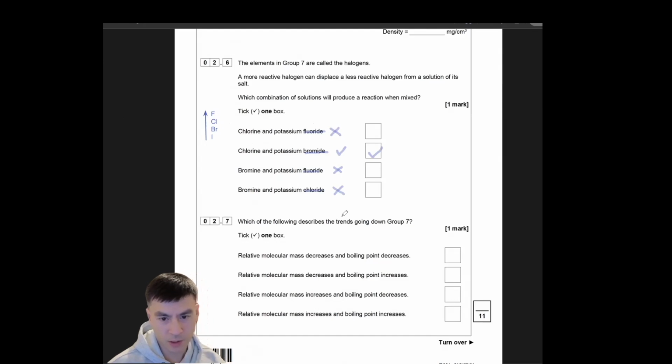2.7. Which of the following describes the trends going down group 7? Trends going down group 7.